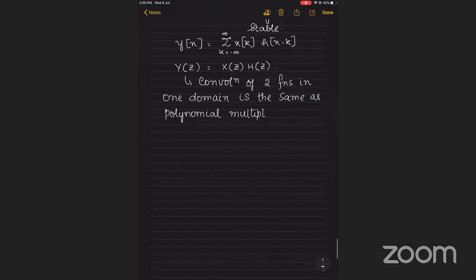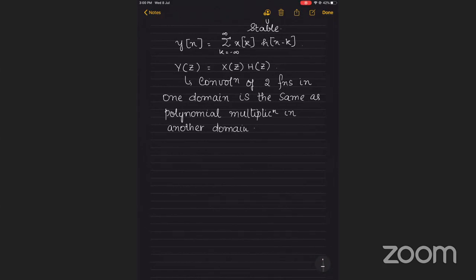Let us see what it means. Y of z is equal to x of z into h of z.